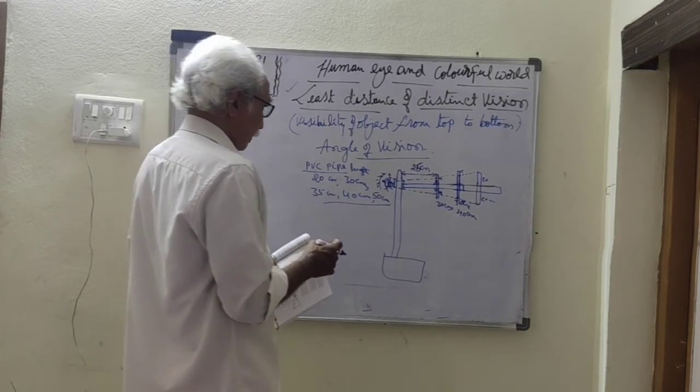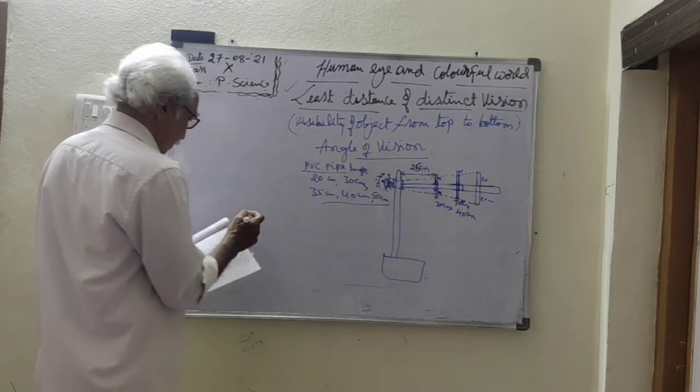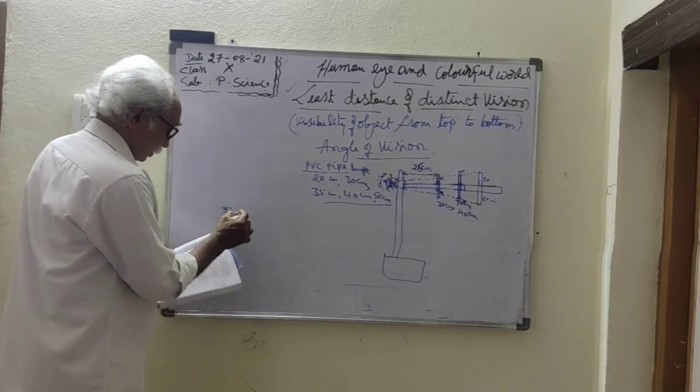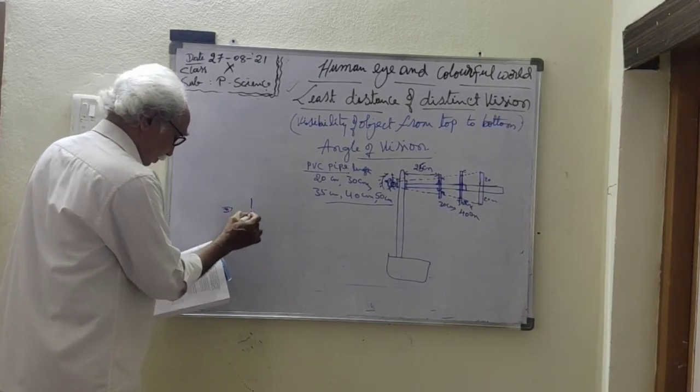So according to your textbook, see this one. Here this is the eye. Here is the rod.